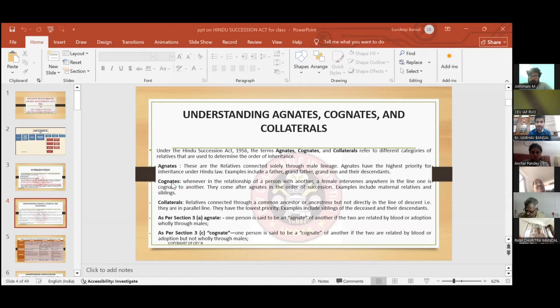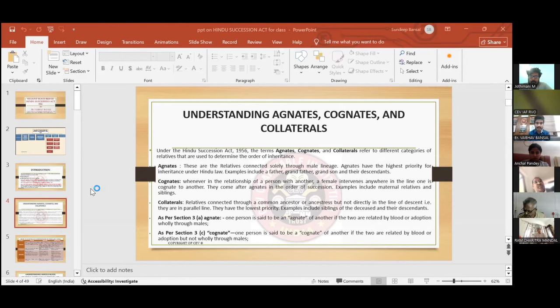First of all, we will understand the terms agnates, cognates, and collaterals. Under the Hindu Succession Act 1956, these terms refer to different categories of relatives that are used to determine the order of inheritance.